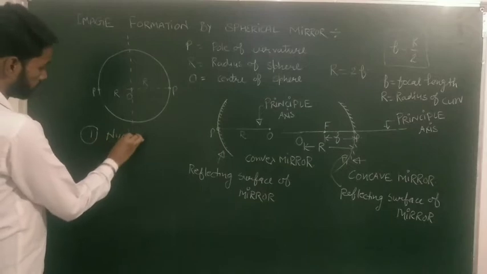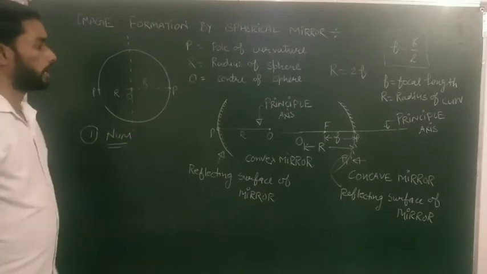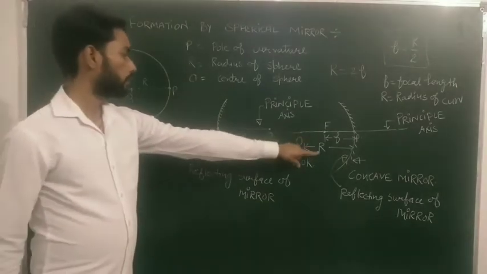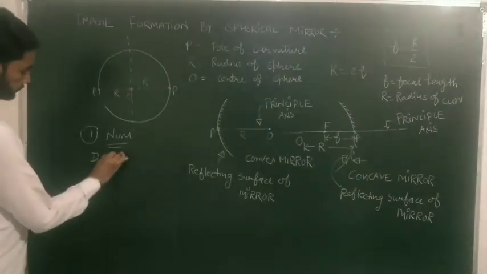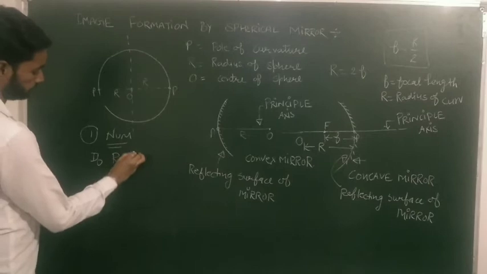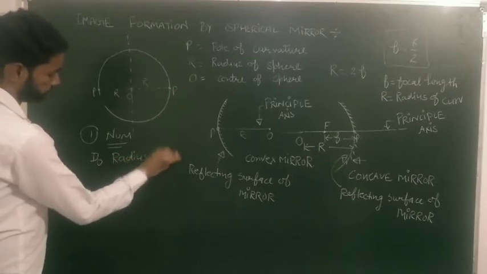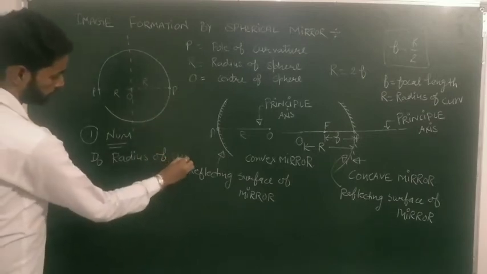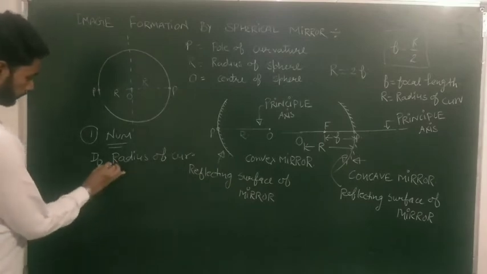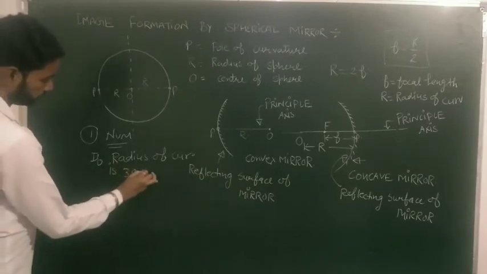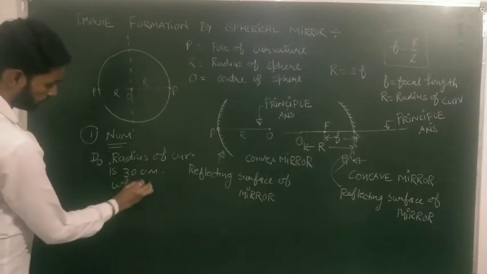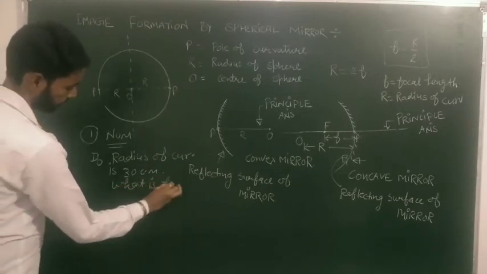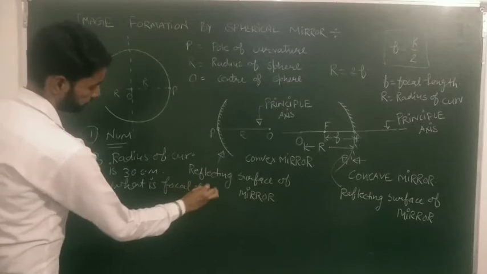First numerical. If the radius of curvature is 30 centimeter, what is the focal length?